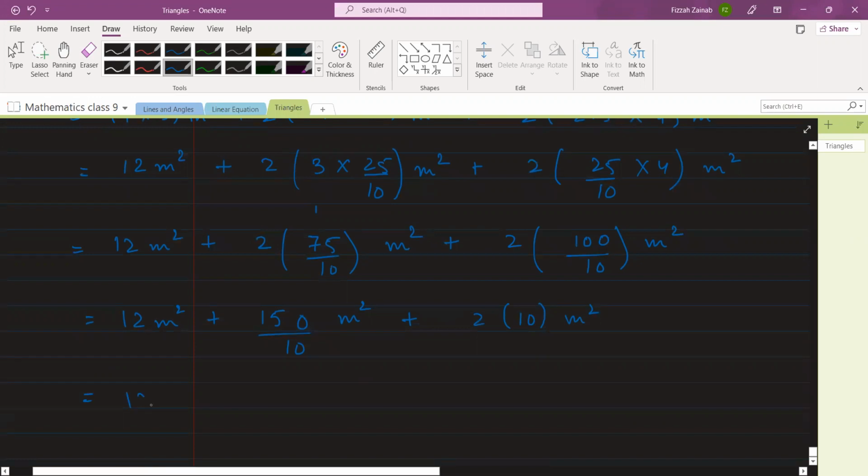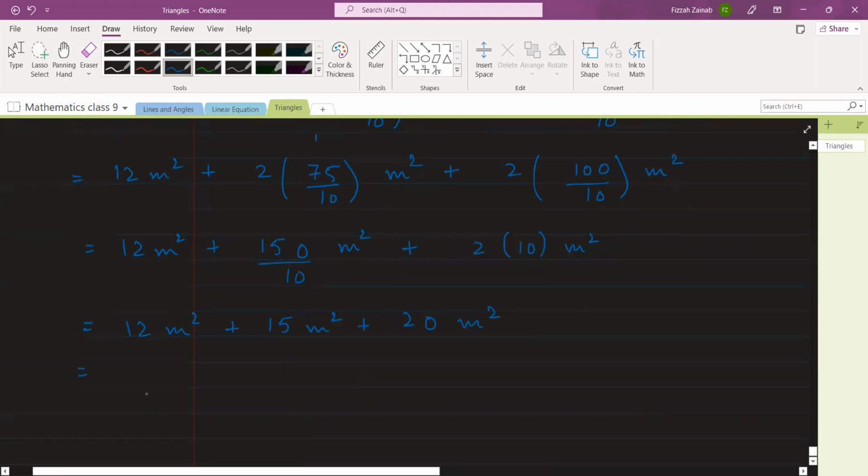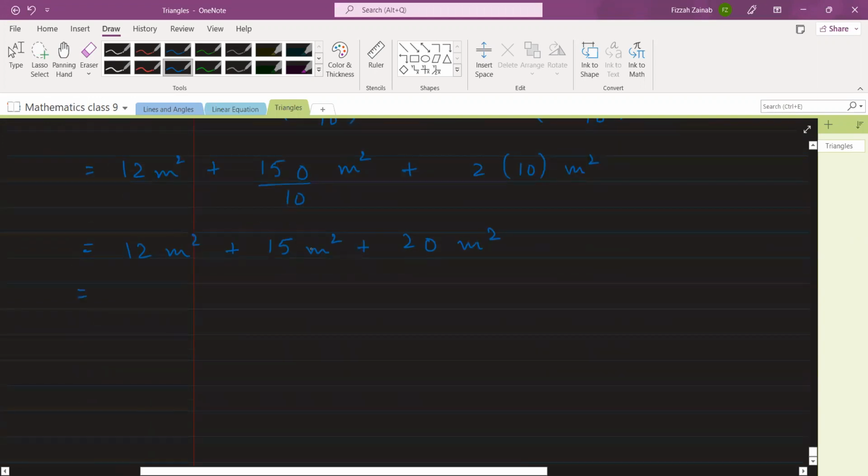So this is 12 meter square plus, now 0 cancels out, only 15 meter square and here 20 meter square, which you can add easily. Okay, so 5 and 2 is 7 and then 2, 3, 4. So 47 meter square I'm getting.